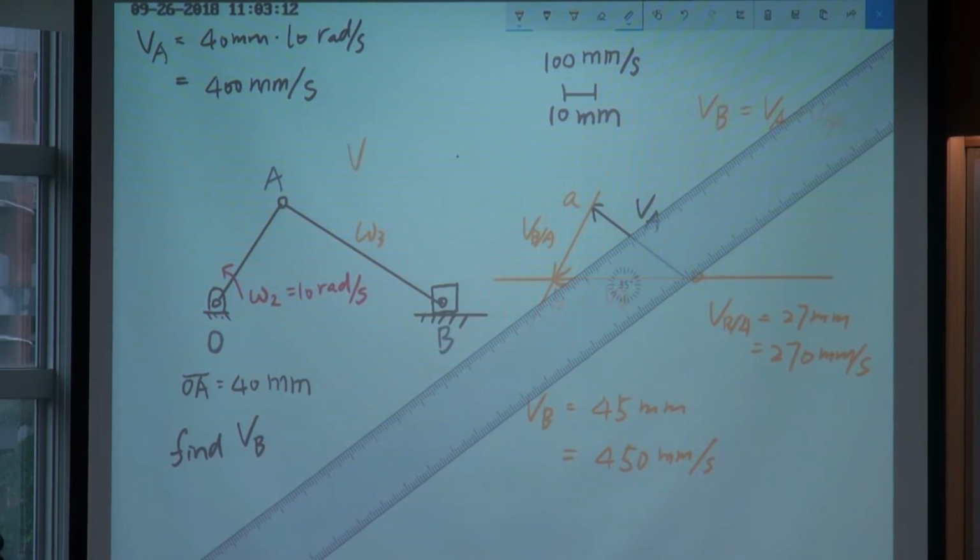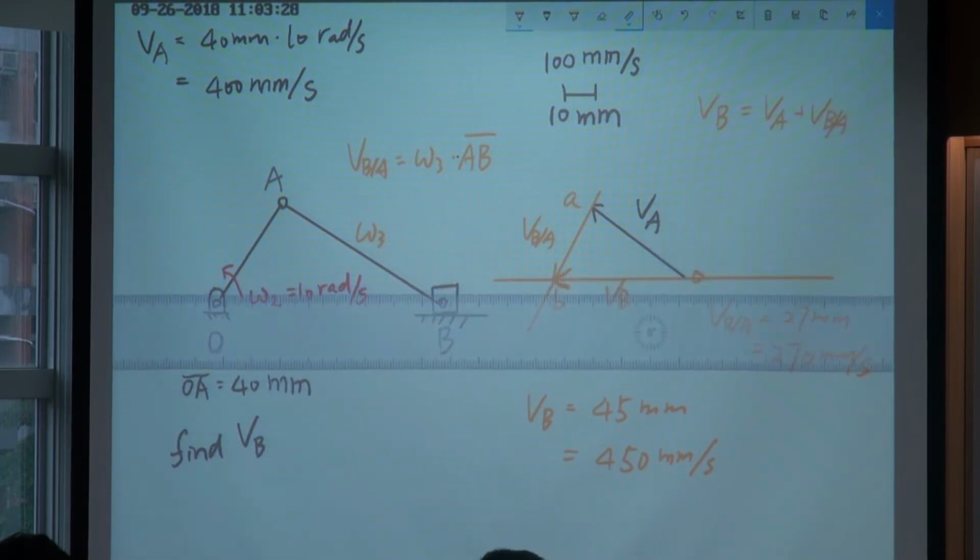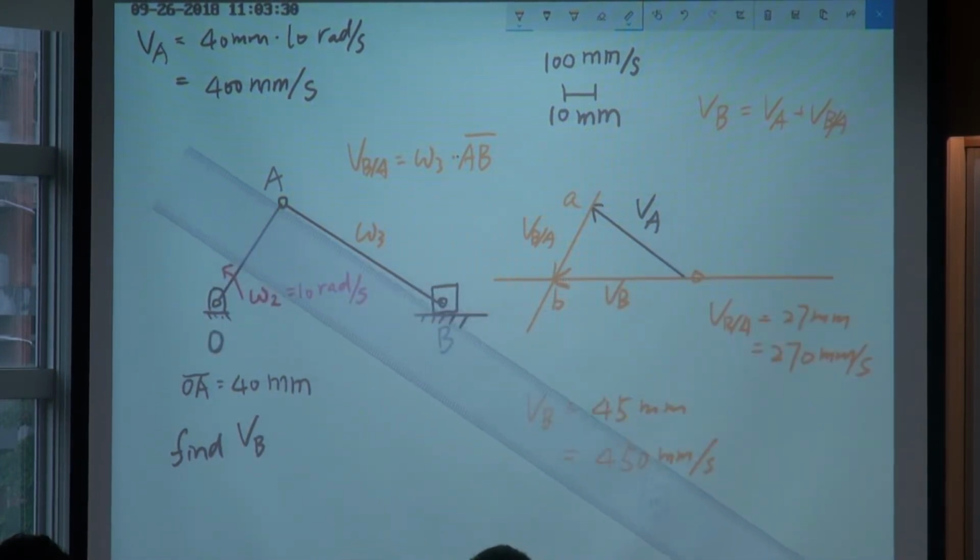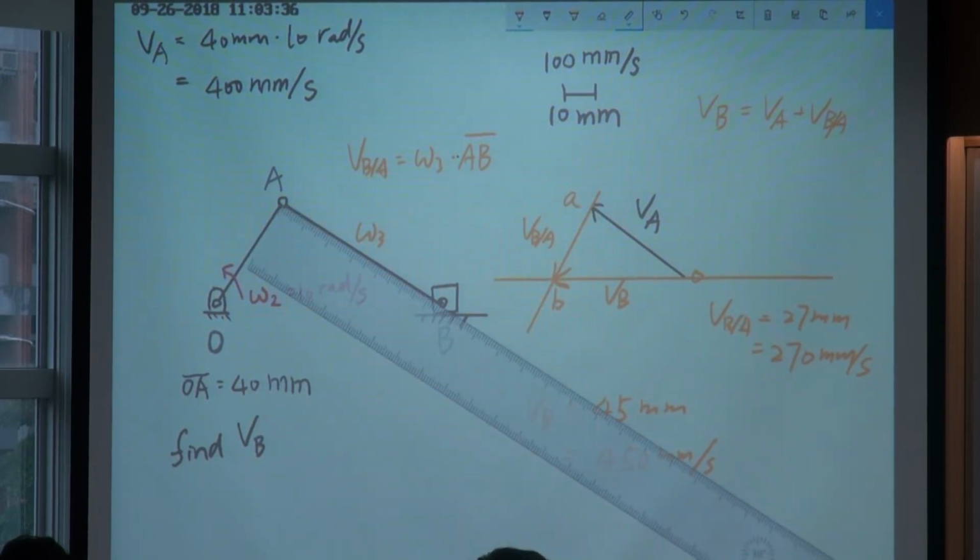We know VBA is going to be omega 3 times AB. We already know VBA. If I can measure the length of AB, then I can use the equation to find omega 3.